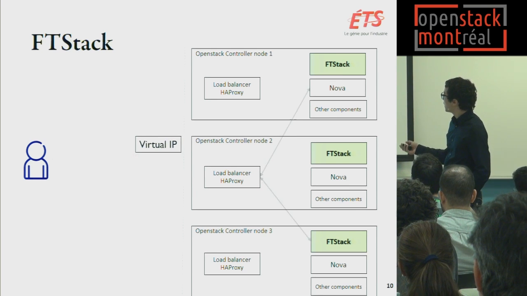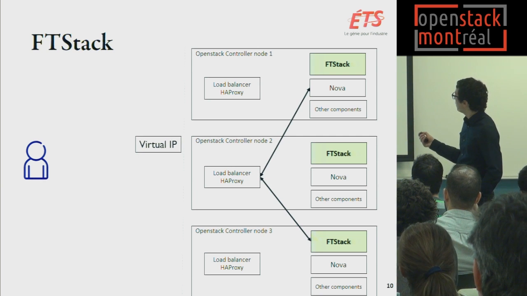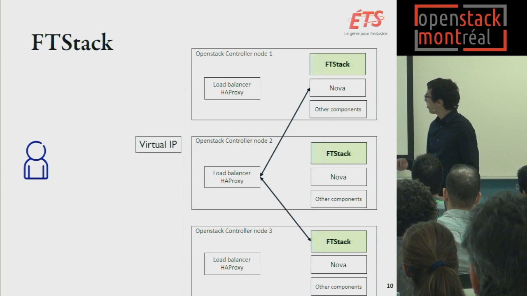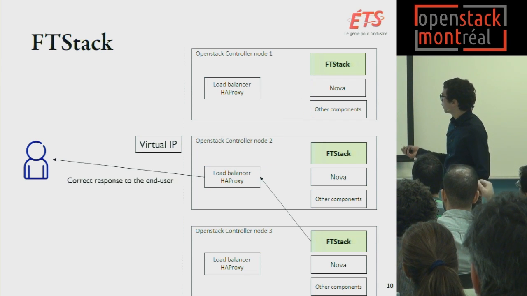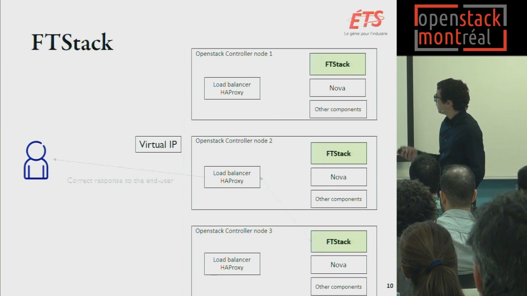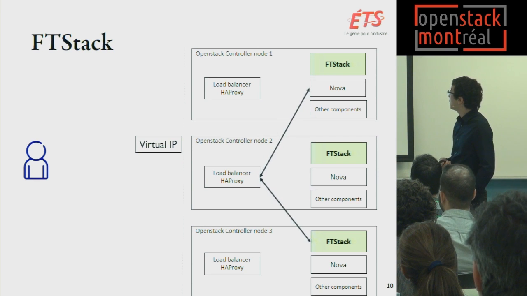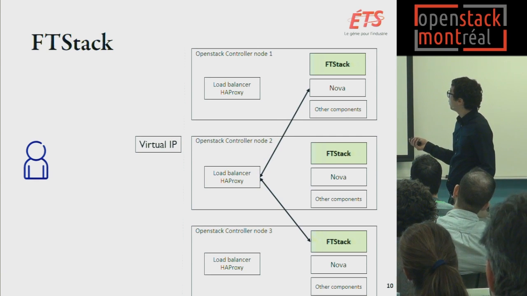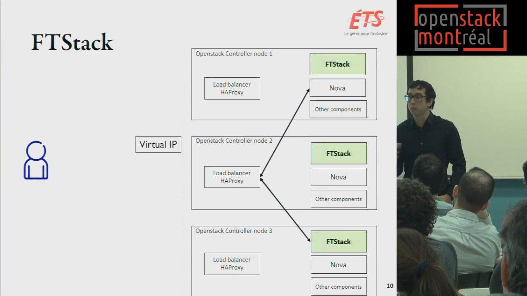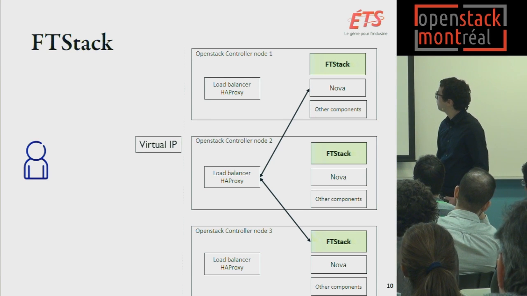After that, FFT Stack will communicate through HAProxy with any available Nova component to ensure that the VM is well created, and FFT Stack will be responsible for sending the correct response to the end user. But it's not finished. FFT Stack needs to communicate through HAProxy with any available Nova component to ensure that the VM state will be correct and not blocked forever in a dirty state, like the building state.